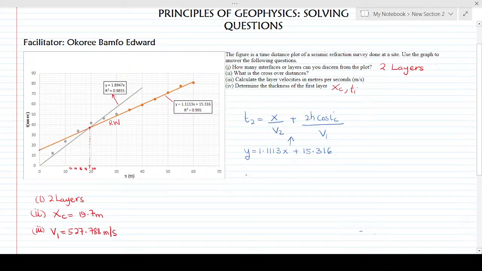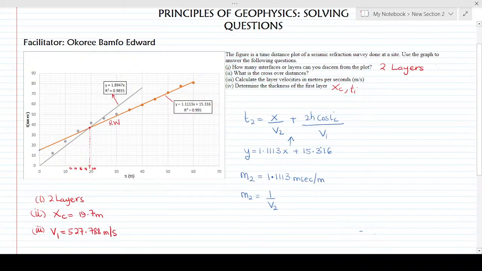So from this we can see that our gradient for the second line is 1.1113, right? And we know that that gradient is equal to 1 over V2. And this gradient is in millisecond per meter.